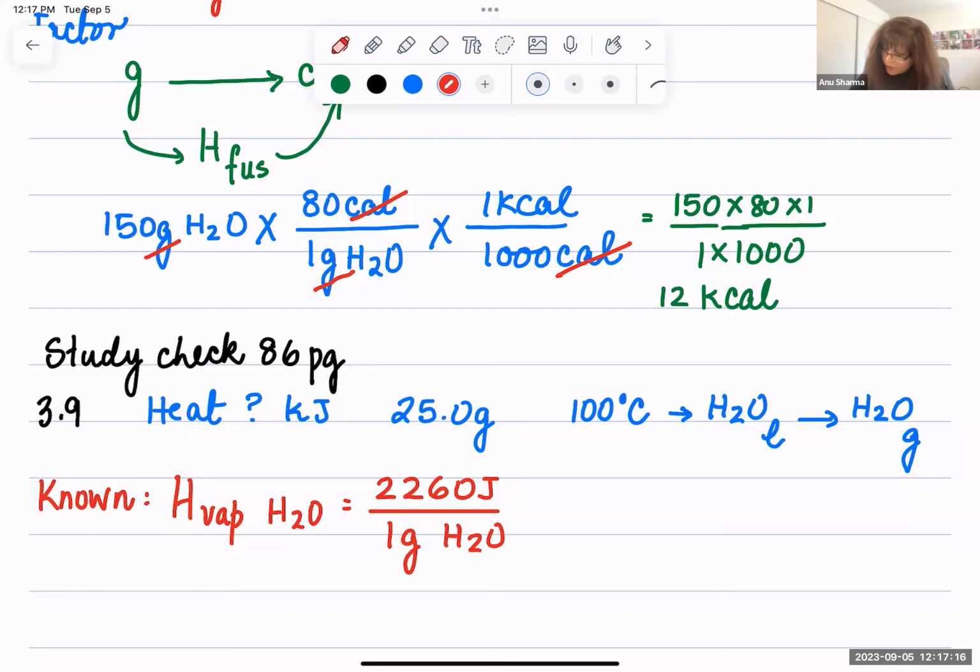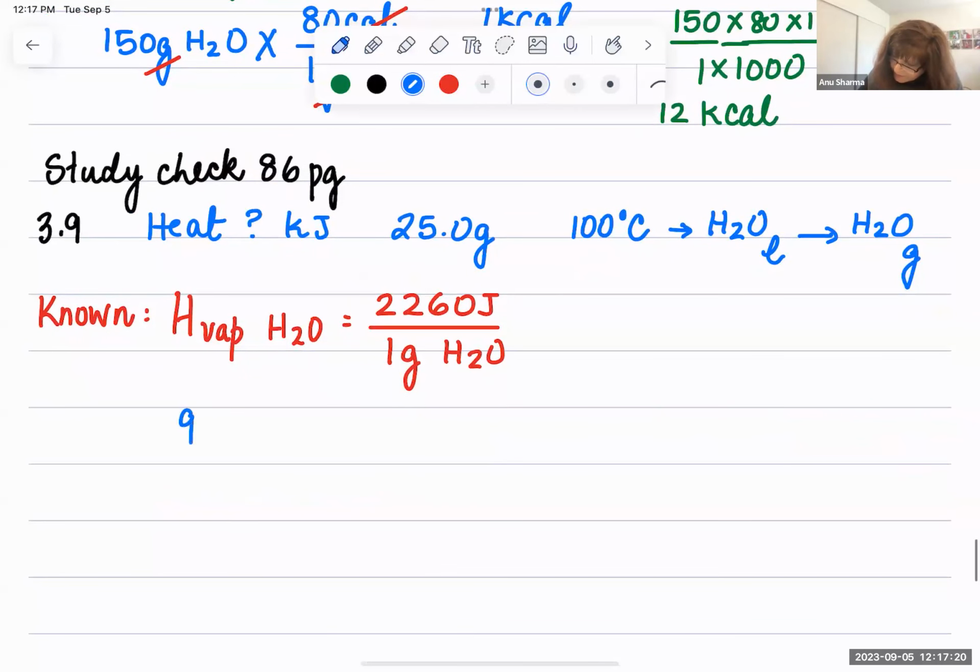So here, what are you going to do? Same thing. You're going to take the grams, convert that to joules, and convert joules to kilojoules. So this is using the heat of vaporization values.